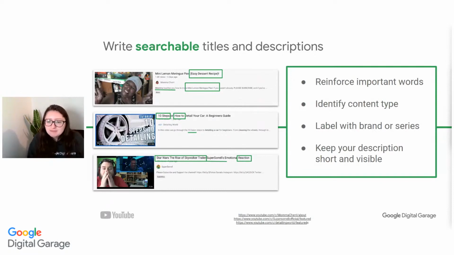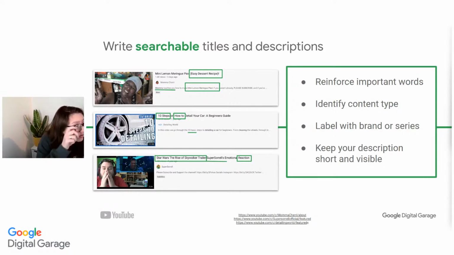So I come back to our 3 examples. Mama Sherry, reinforcing important words. Mini lemon meringue pies in the title. Easy dessert recipe, linking directly to the goal of inspiring people to cook and enjoy soul food. Great, fantastic.